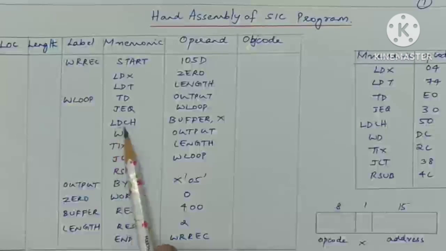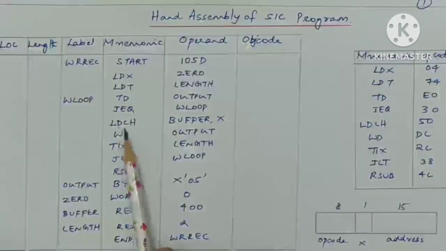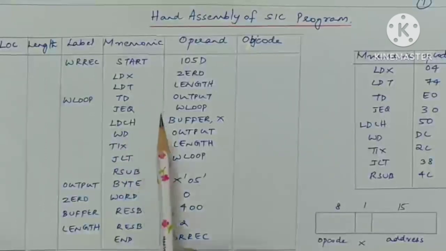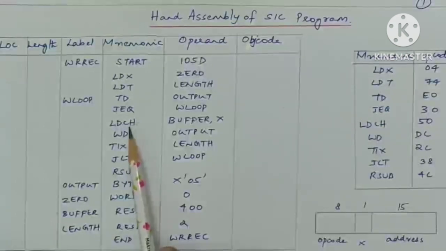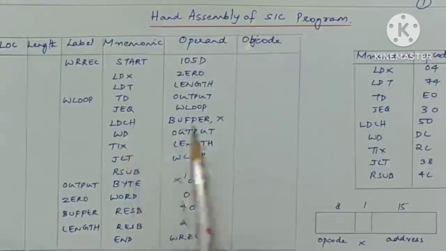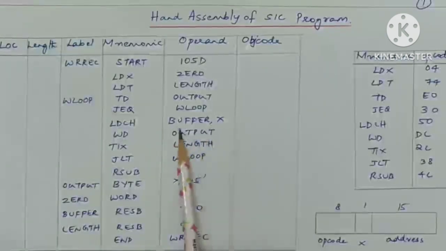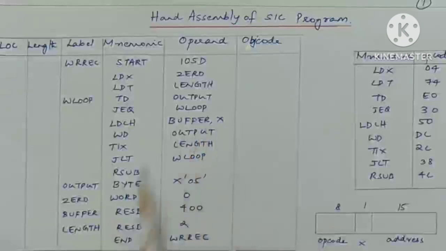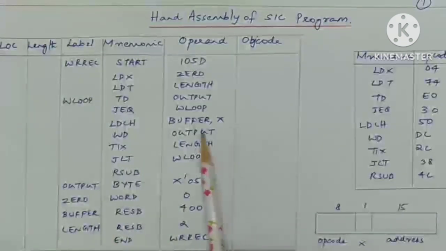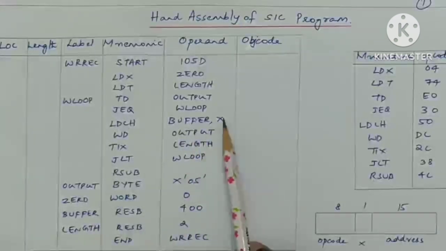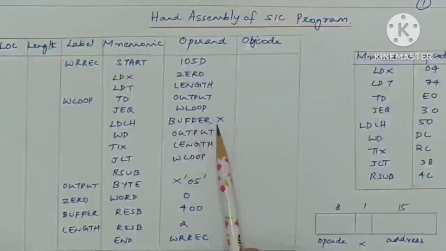The next instruction is LDCH, loading the least significant byte of the accumulator with a character. A character takes 1 byte, right? From where are you reading the character? From the address buffer. This is the indexed mode of addressing. Buffer comma X means the base address of buffer plus X. Since X contains the value 0, this is like accessing the 0th location of an array.